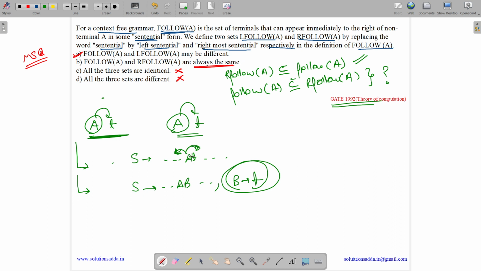Either it is already present, and then it will also be in the rightmost derivation, or if it is derived, then it will always be derived in the rightmost part first. Thus, follow of A will always be a subset of R follow of A. And this one we have proved, as A is a subset of B and B is a subset of A, thus A equals B. So both options A and B are true.